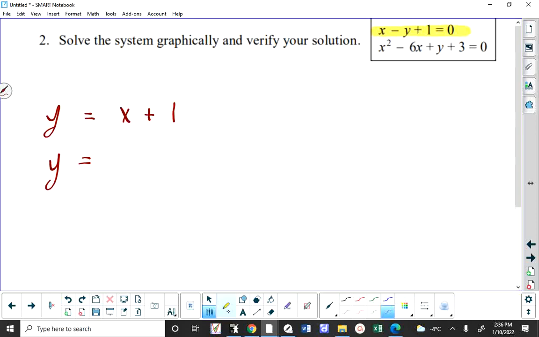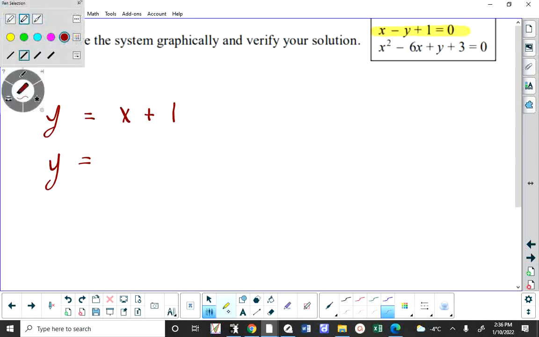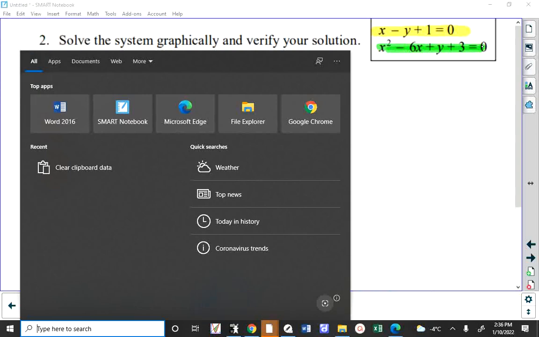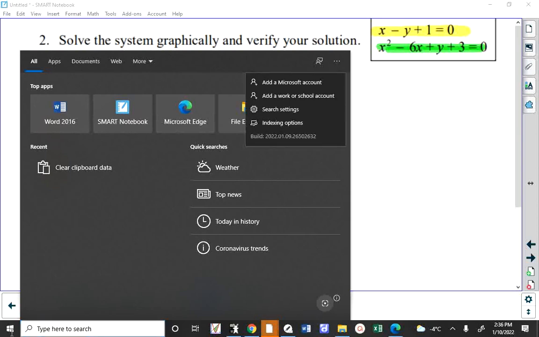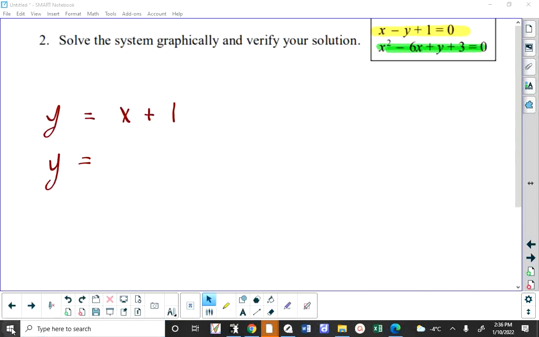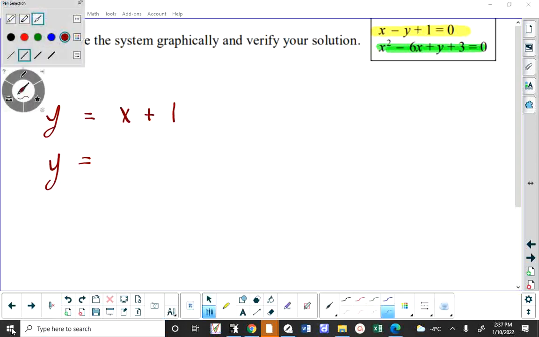Rearranging the second equation for y, which I'm going to highlight in green. Also a pretty easy equation to rearrange for y.